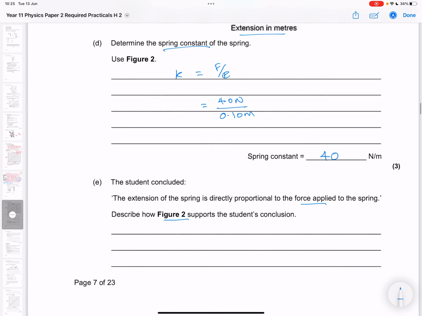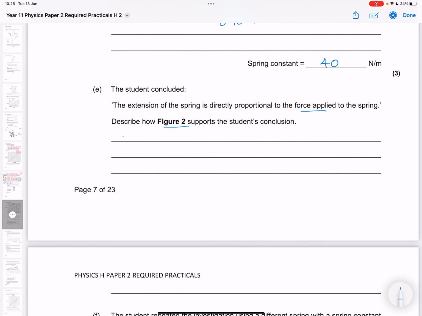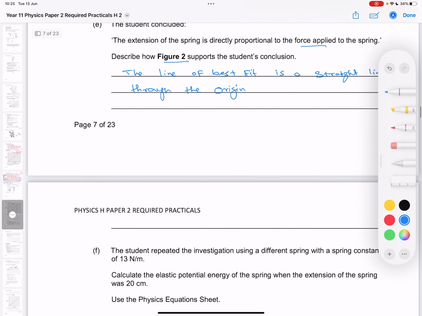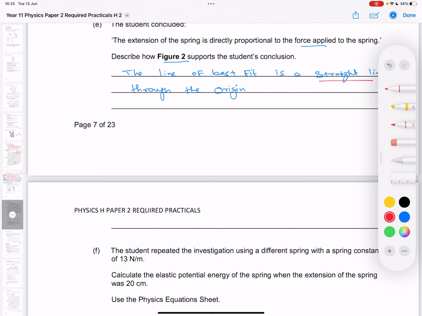So it is supporting it because the line of best fit is a straight line through the origin. I think it's a 2-mark question. The first mark is for saying it's a straight line, and the second mark for origin. Origin means 0, 0 coordinate.